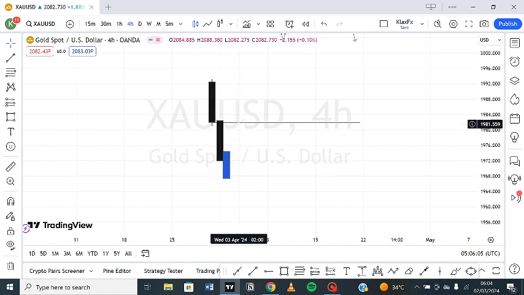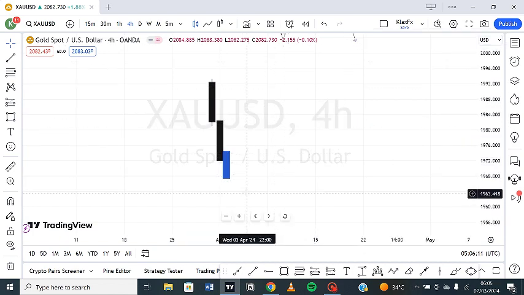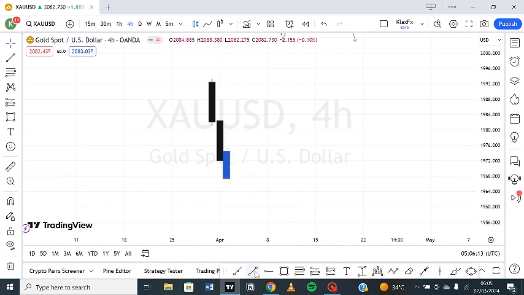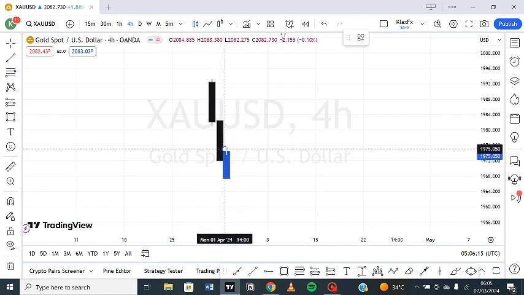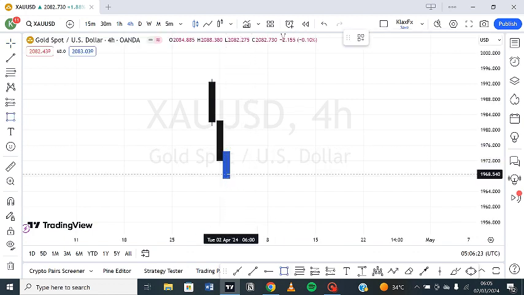So remember what we say for a bearish candle: it opens above and closes below. For a bullish candle it opens below and closes above. Okay, let's say we have this candle here, and we have another candle.